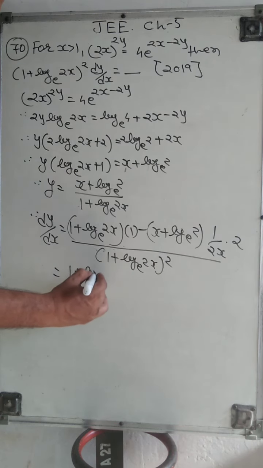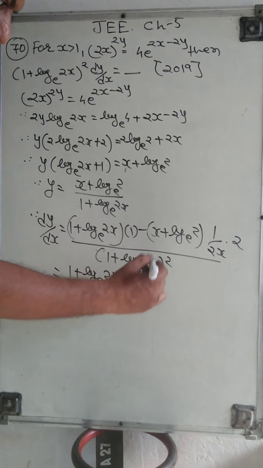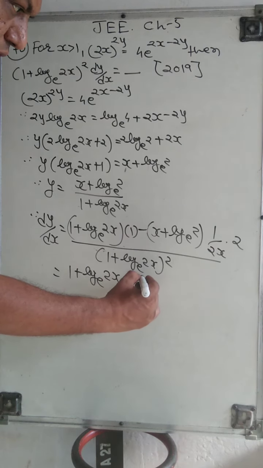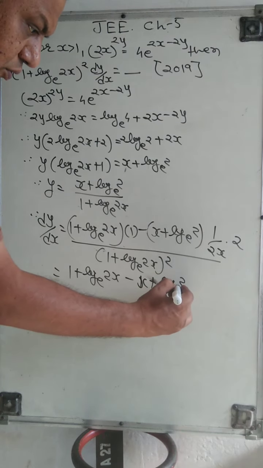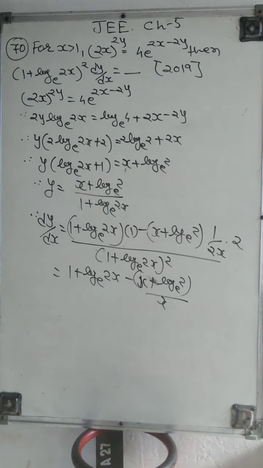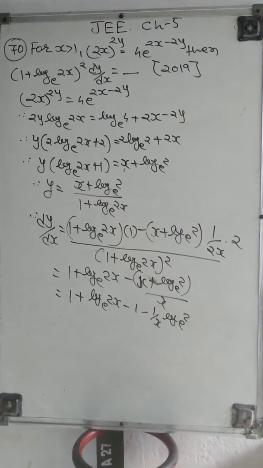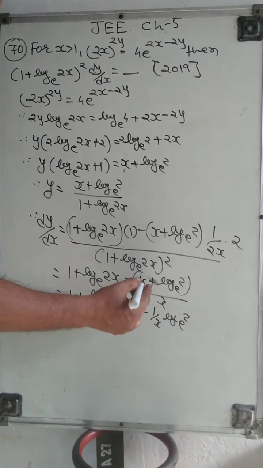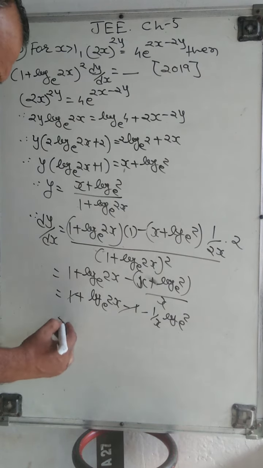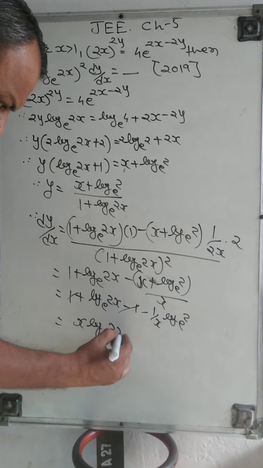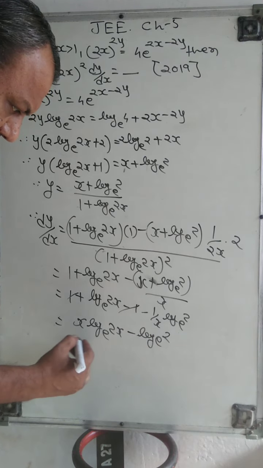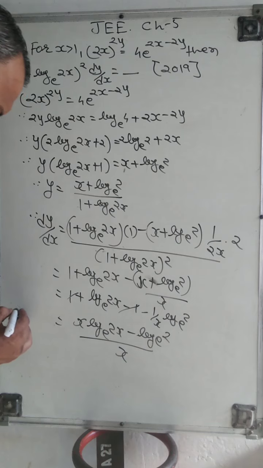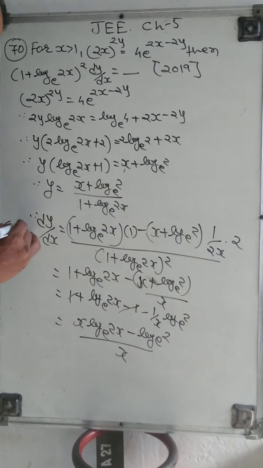So here 1 plus log 2x to base e minus 1 plus 1 or x plus log 2 to base e upon x is there. Now we just simplify it and we get our answer. Here first we separate the LCM and then we cancel this, and x log 2x to base e minus log 2 to base e is there upon x. This is 1 plus log 2x to base e square.